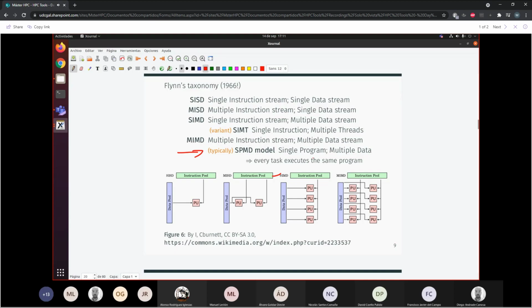Okay, but the idea that I wanted to emphasize is that the model that we are going to follow is called single program, multiple data. I mean, you are going to have a single version of the program, and depending on some kind of identifier, it is going to decide which part of the computation it is going to do.